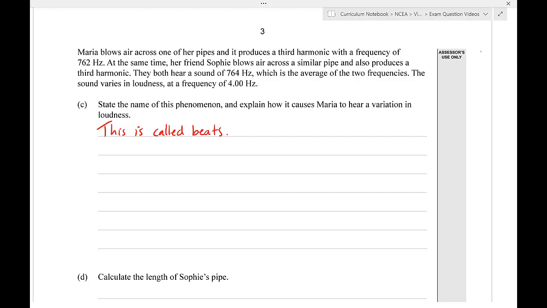So we've got two waves of similar frequency superpose at Maria's ear.